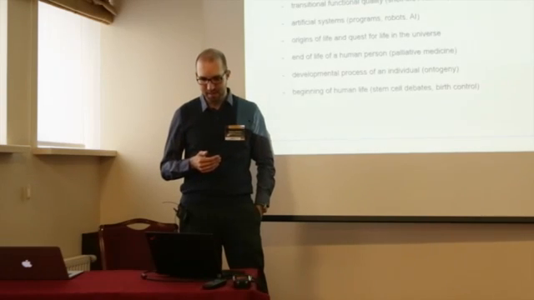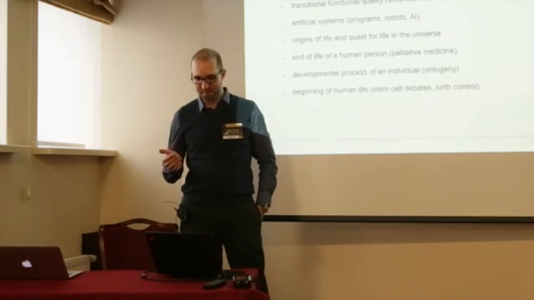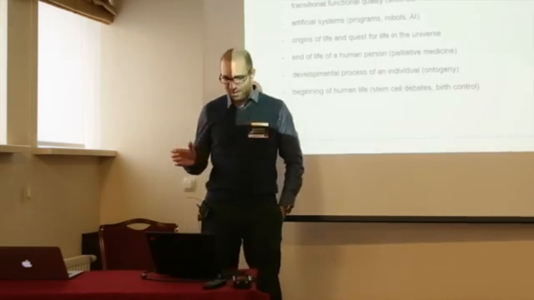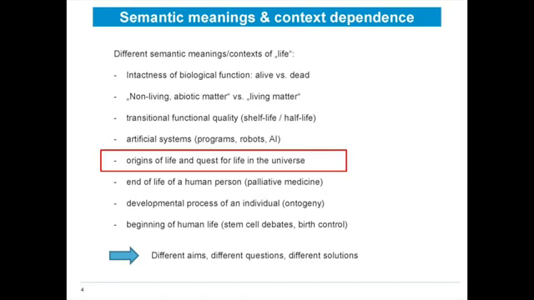Life as the concept of dead versus alive, or the non-living versus the living matter. Life might also be just a transitional quality like shelf life or half-life, which doesn't even necessarily have to do anything with biological life, right?